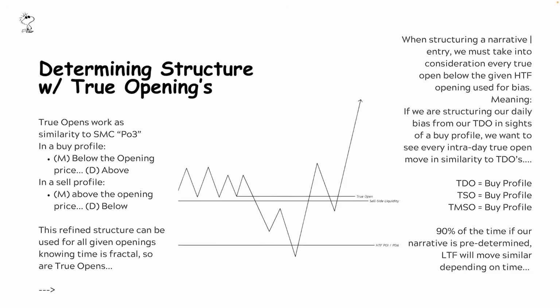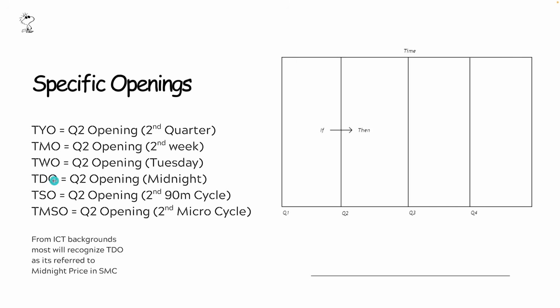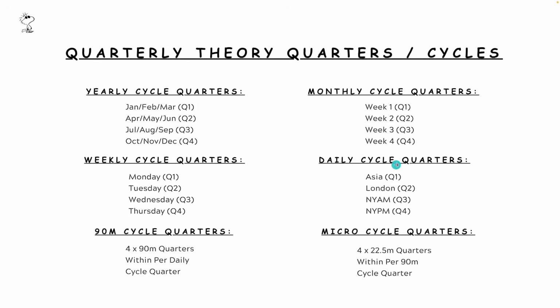Obviously depending on time. If true day is going to open up at midnight, true session, or more importantly, our true New York opening, right? We understand going back, true session opening is quarter two opening of our second 90-minute cycle. Second 90-minute cycle, think back, our daily cycles consist of 4 quarters.